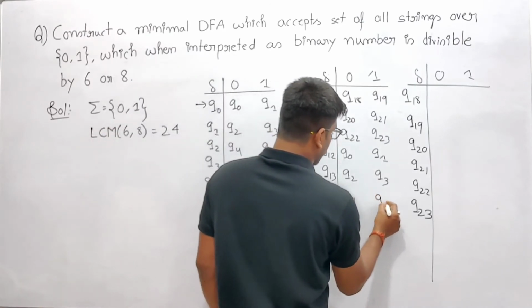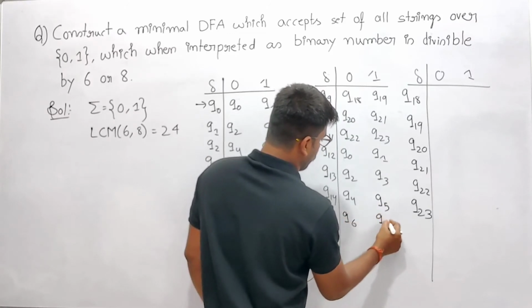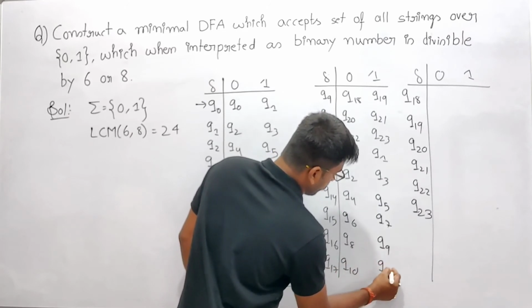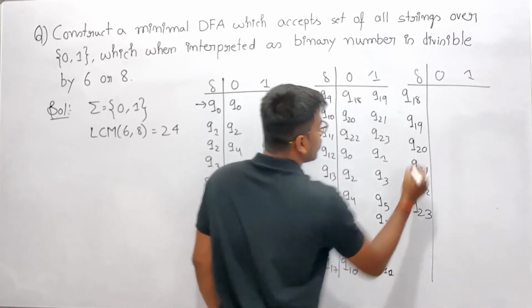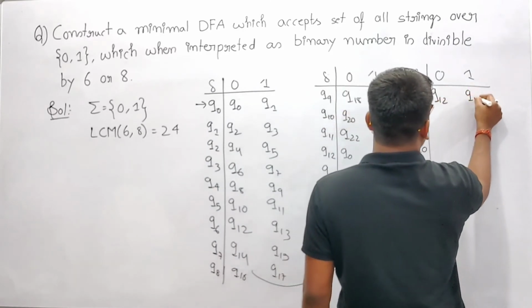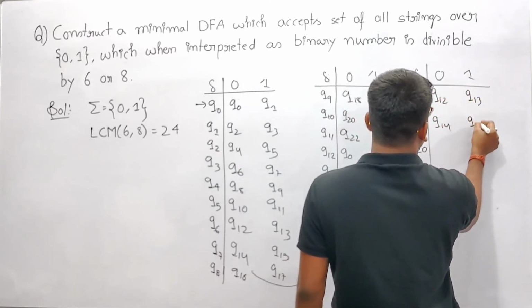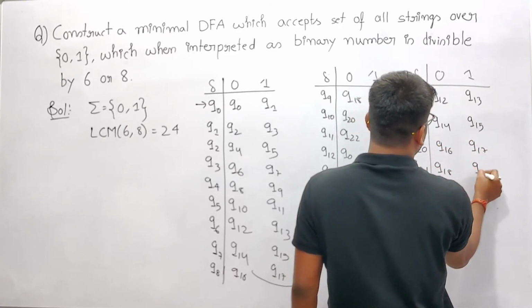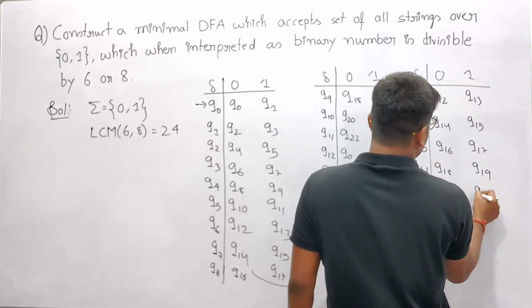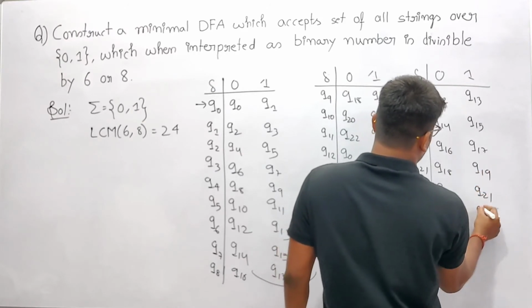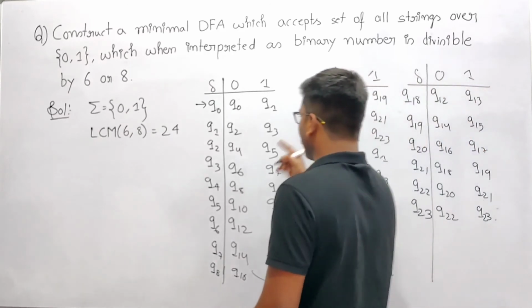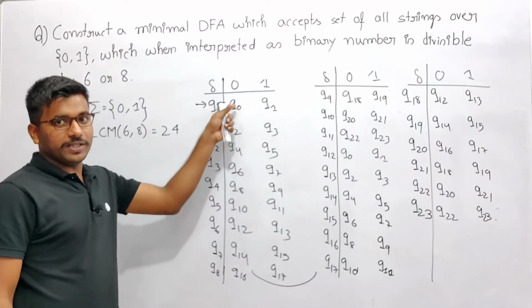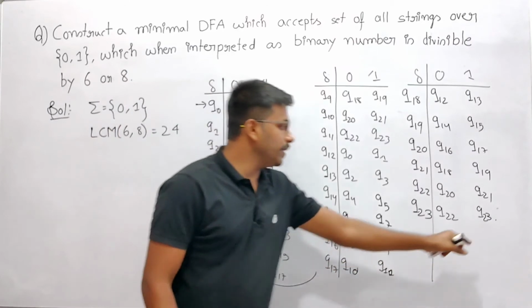Now q4, q5, q6, up to q22. As I have told you, if you are writing correctly, then state q0 will be at the beginning and the highest remainder state at the last.